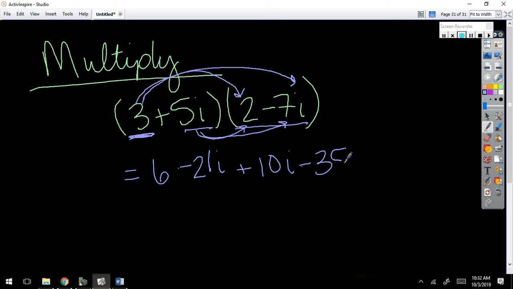So here, watch what I'm fixing to do. This is just a positive 35. i squared goes away, changes the sign of the number. Remember a complex number is the real number and then the imaginary part. So real number part, I've got a 6 and a 35, which gives me 41.